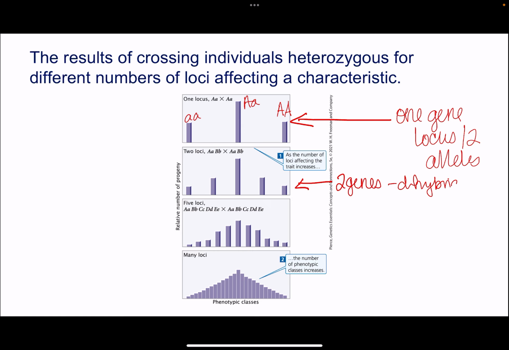And again, as long as your sample size is big enough, you're going to see this normal distribution where the greatest number of phenotypes comes in the middle, and then we have less individuals with that phenotype as we move out towards the edges. So this is called a normal distribution. It just means that it's symmetrical, that both sides represent the same distribution.